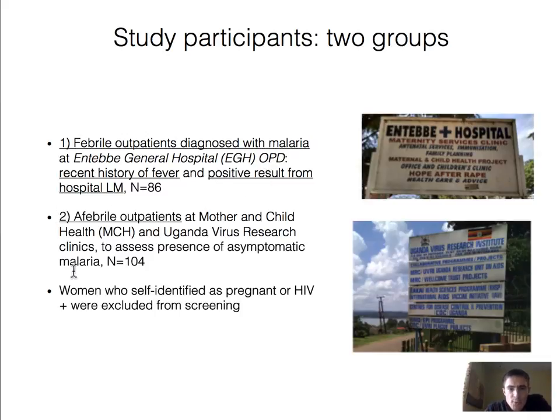The second group consisted of afebrile outpatients of 2 different clinics, and these outpatients were screened for the presence of asymptomatic malaria in this study. Women who knew that they were pregnant or HIV positive were excluded from screening.